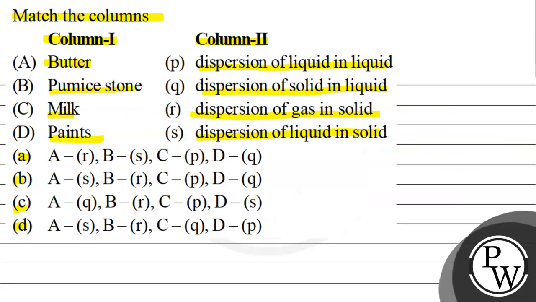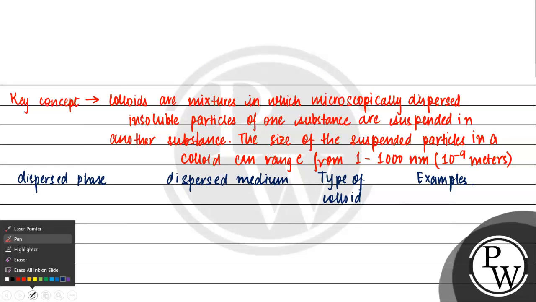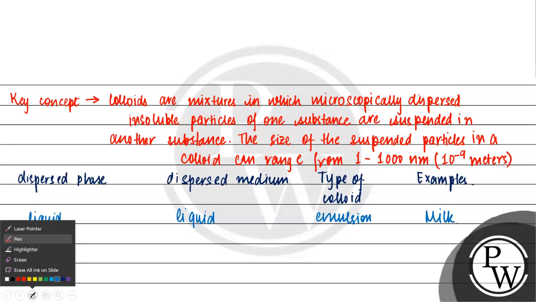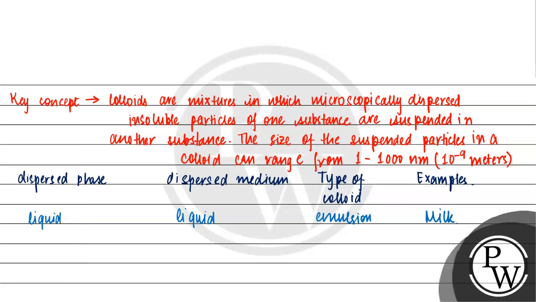Now we are first given liquid in liquid, so the dispersed phase and dispersed medium both are liquids. The type of colloid that will form is emulsion. And an example of emulsion is milk. So if we want to describe the dispersion, we will do it later. We will describe milk as a type of colloid.